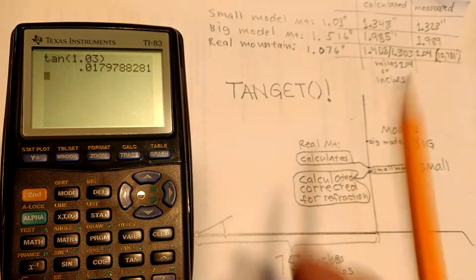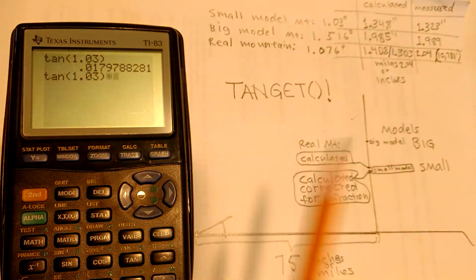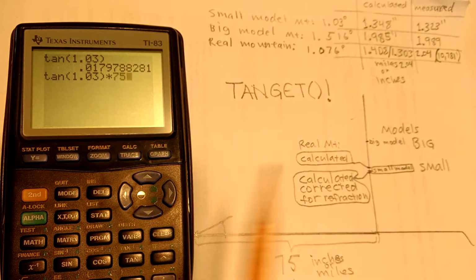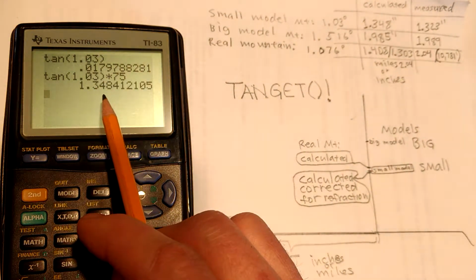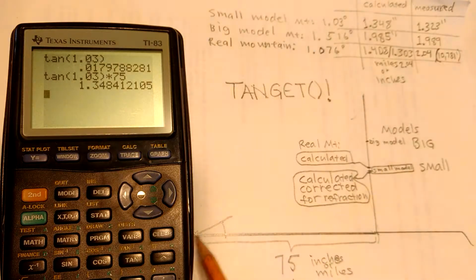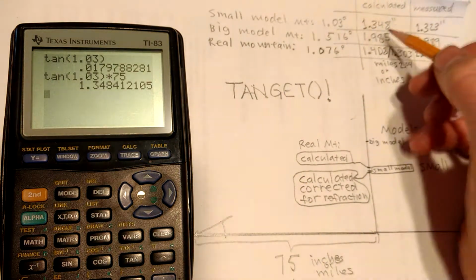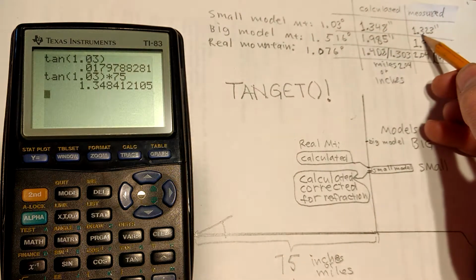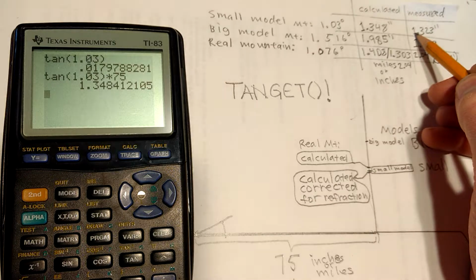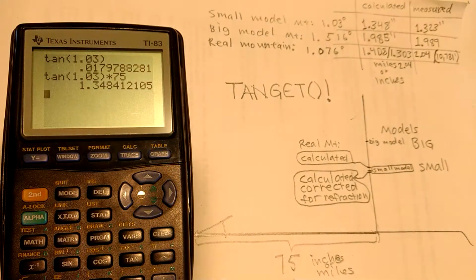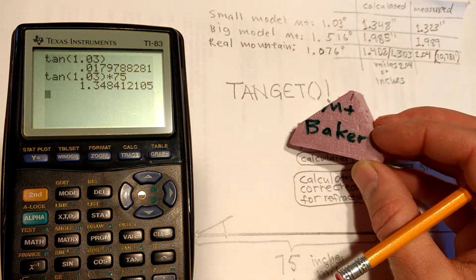So we can take that times 75 inches, and we get 1.348 inches up. So at 75 inches out, it's 1.348 inches up. That's the calculated, and the measured was 1.323. Look, that's very, very close. So even at a distance of 75 inches, I was able to measure the height of this with surprising accuracy.